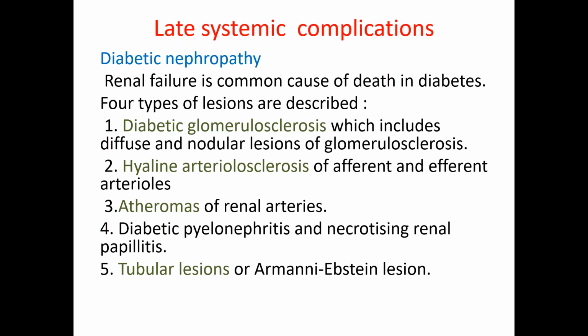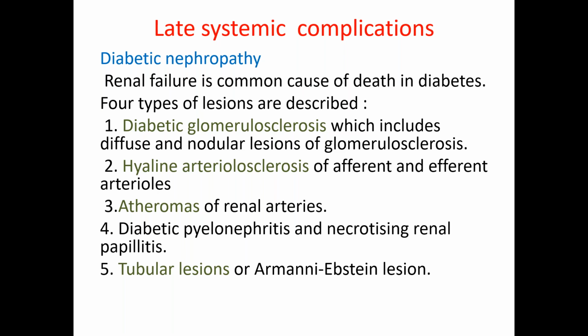And the renal complications are very important. Diabetes is an important cause of end stage renal disease due to chronic renal failure. This is the commonest cause of death in diabetes, and there are 4 types of lesions which are already described in connection with kidney diseases under the term diabetic nephropathy.